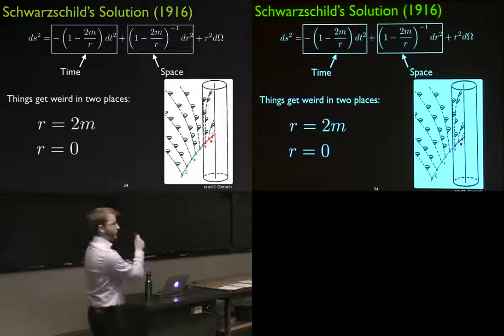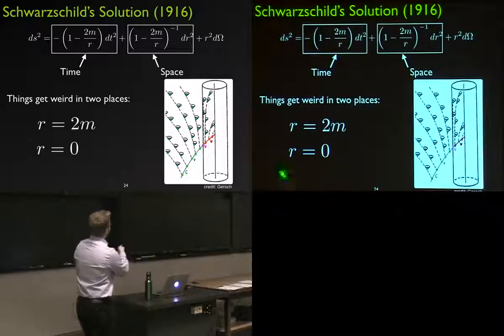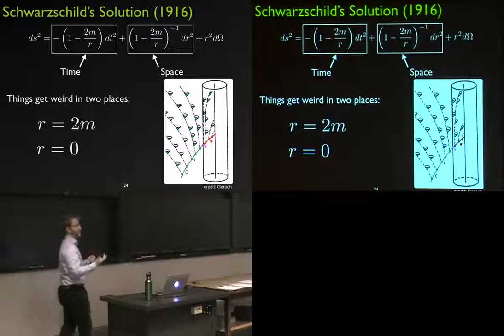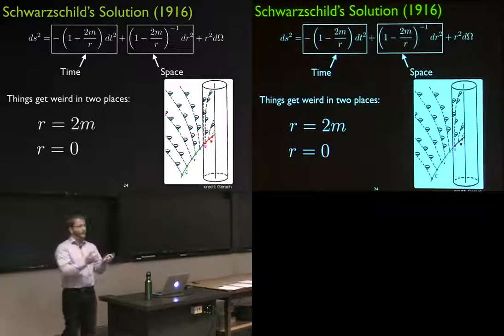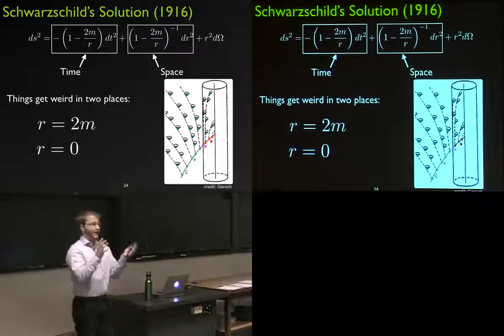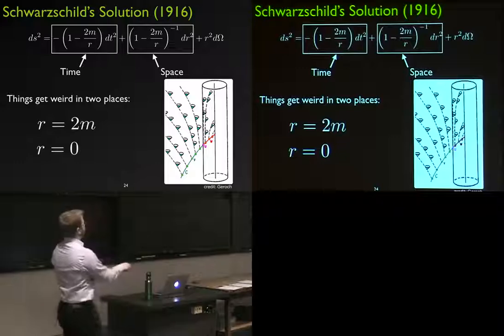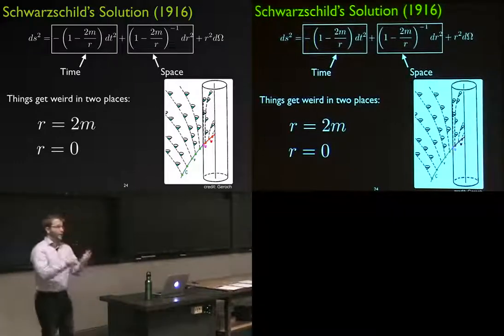The r equals 2m is just this point of no return, defining the event horizon of the black hole. The r equals 0 is a consequence of the fundamental assumptions that go into building this solution. It's defining the effects of a spherical body, but it's saying that all of the mass of that spherical body is in a very central location, a point of infinite density, which is the singularity of a black hole. So, yes?